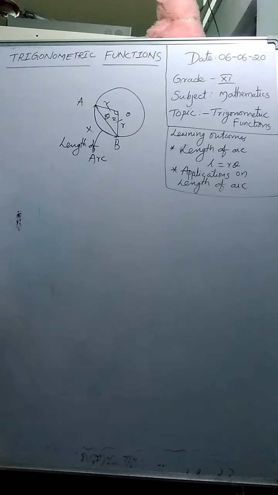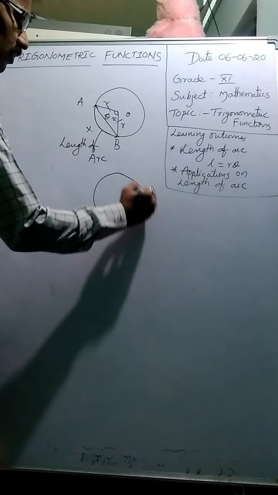To find this length of arc, the angle of the sector will be given, and we should always take the angle in radians only. For finding this length of arc, the radius is r and the angle of the sector is theta. Even when they give the chord of the circle, we can find it.